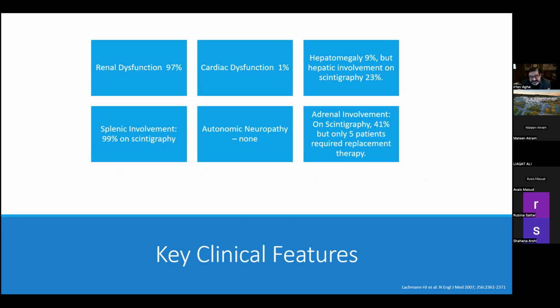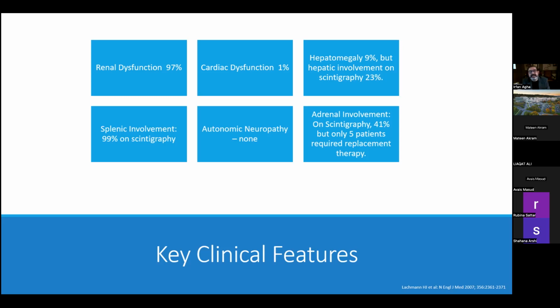97% of the patients had renal dysfunction. Cardiac dysfunction was decidedly rare. Hepatic involvement by scintigraphy, almost 1 in 4 had it. Splenic involvement, 99%. So they all would have a hard or firm spleen on examination. Autonomic neuropathy, almost none.